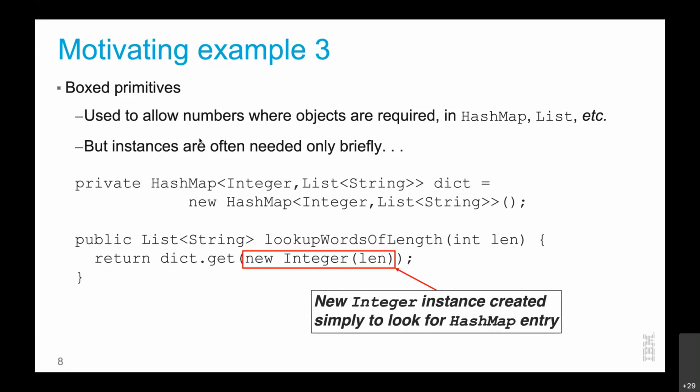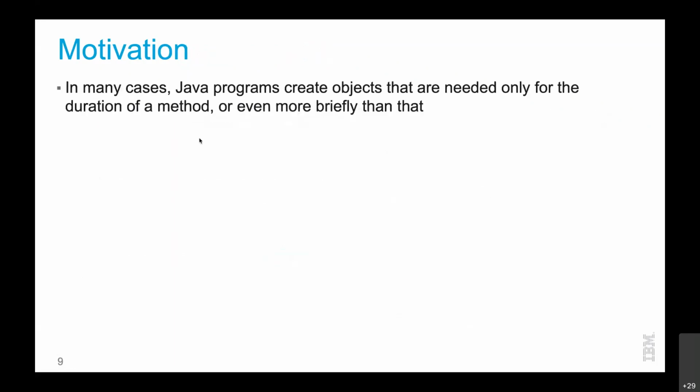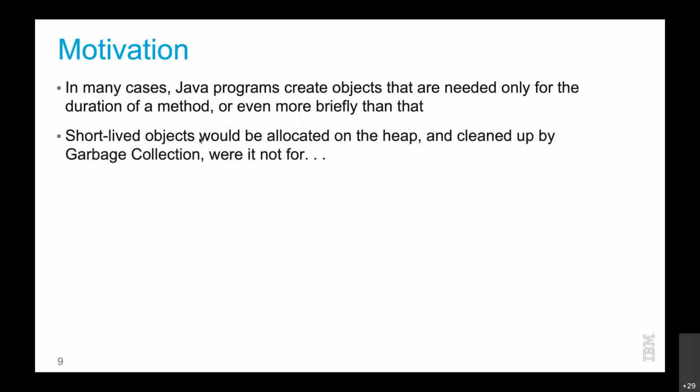It's not stored anywhere or used. So in very many cases, as I was saying, Java programs end up creating objects that are needed only very briefly for a brief portion of the duration of a method, or even more briefly than that within perhaps a single statement.